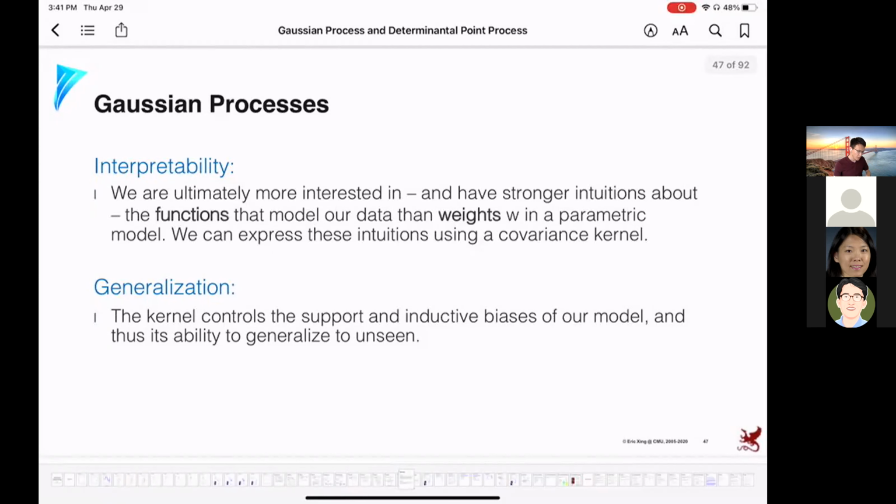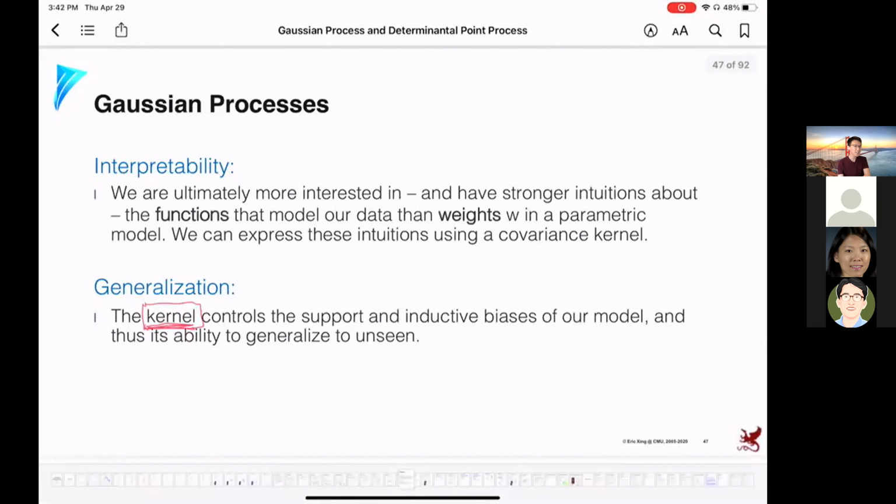This also allows us to do generalization, and we can control everything using our kernel functions, as we just discussed. For a single kernel function, we can control its hyperparameter. For different data distributions, we can use different kernel functions. And that's really the flexibility we get with the Gaussian process model.